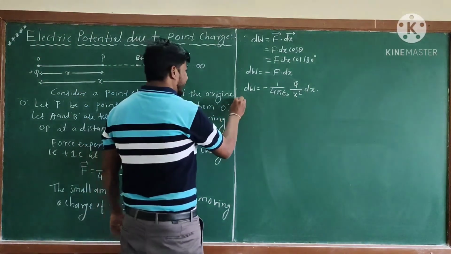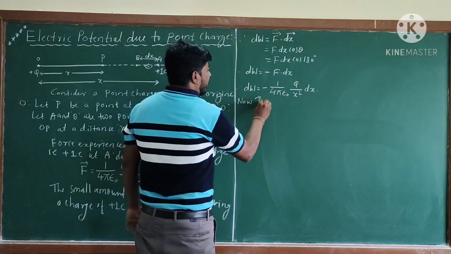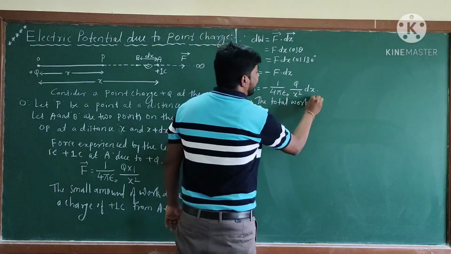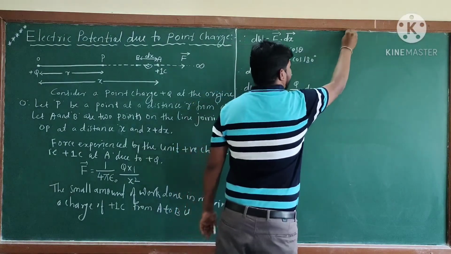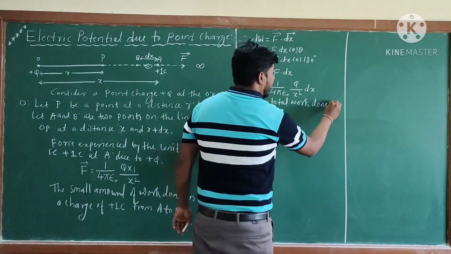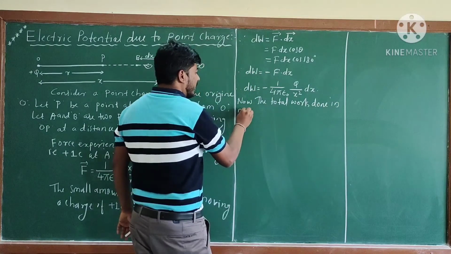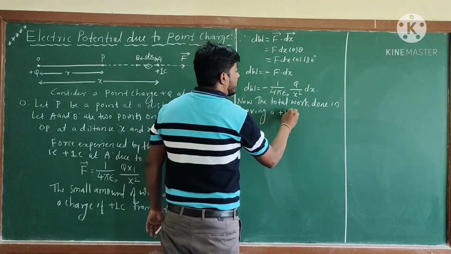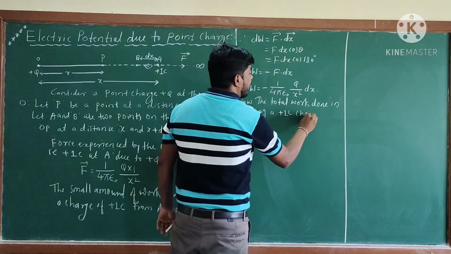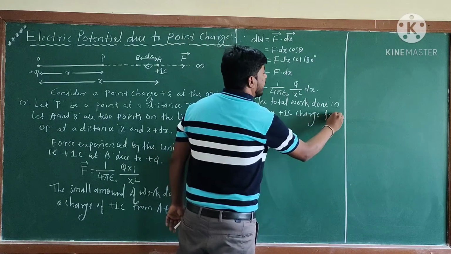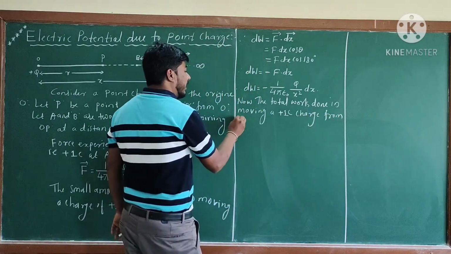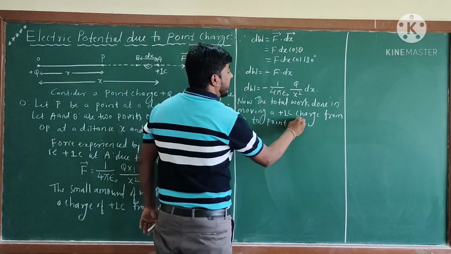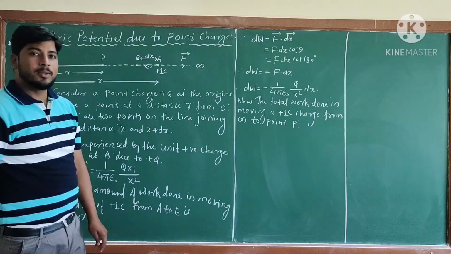Now the total work done in moving a unit positive charge from infinity to that point is nothing but what?